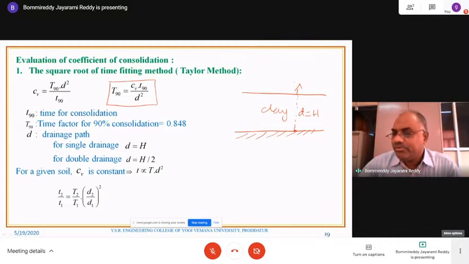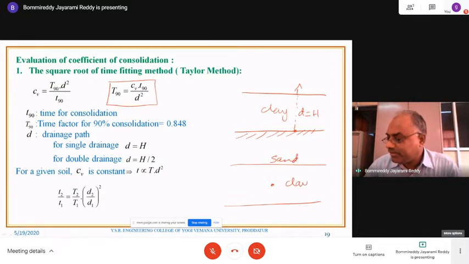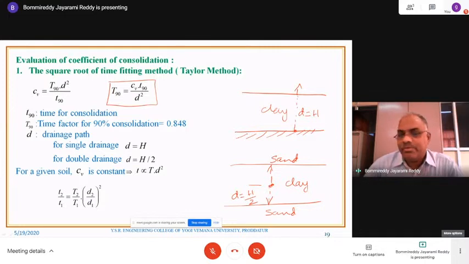The water is allowed to move only in one direction, whereas in the other case, on the top of the clay layer and also at the bottom of the clay layer is sand. When sand is provided, the water particle can move either upward or downward. What is the maximum drainage path? Maximum drainage path d will be equal to H divided by 2, because the particle can move either upward or downward to the sand.